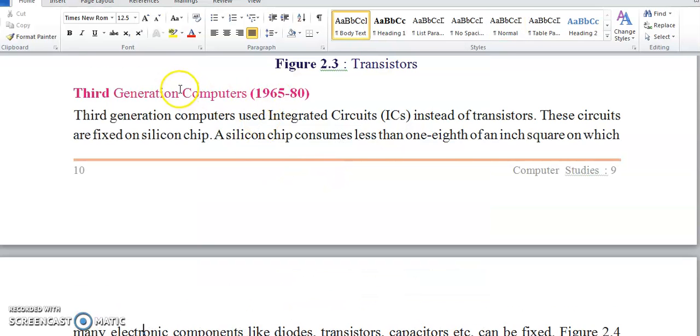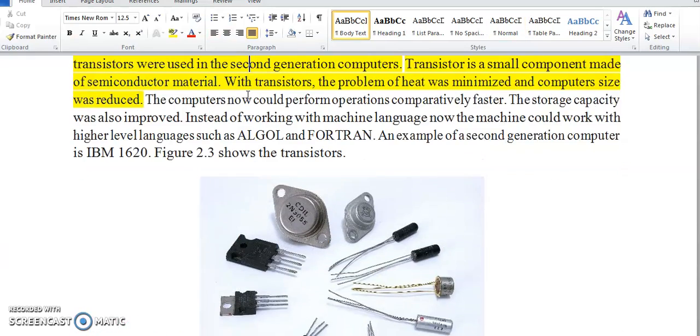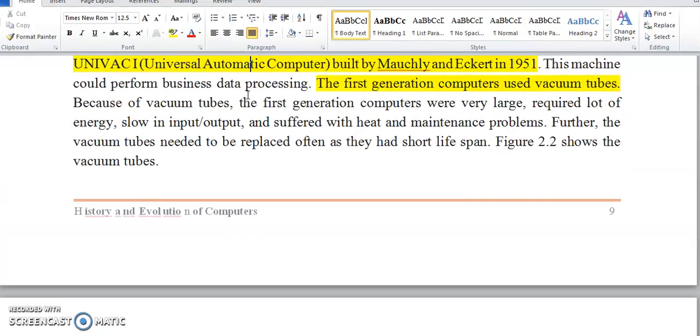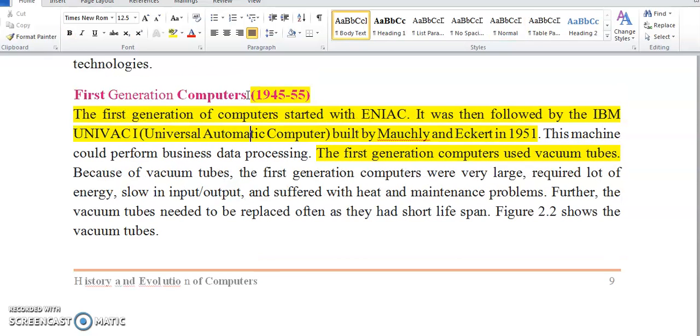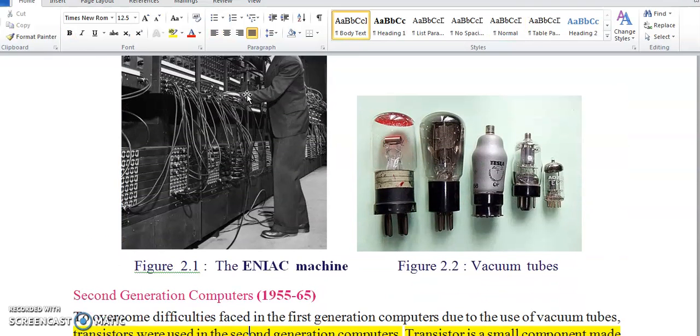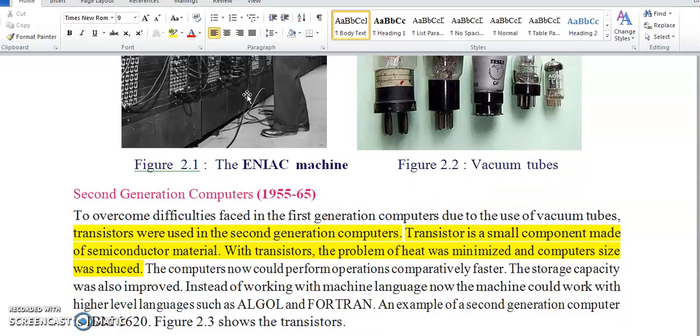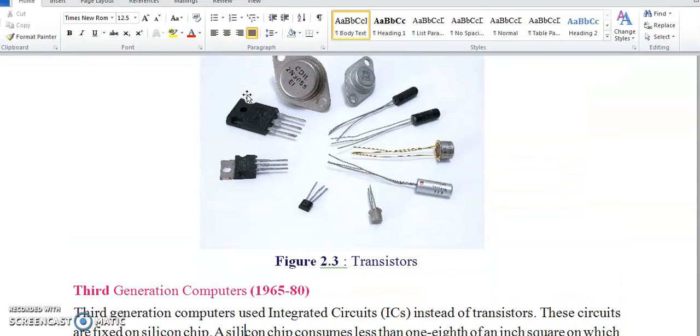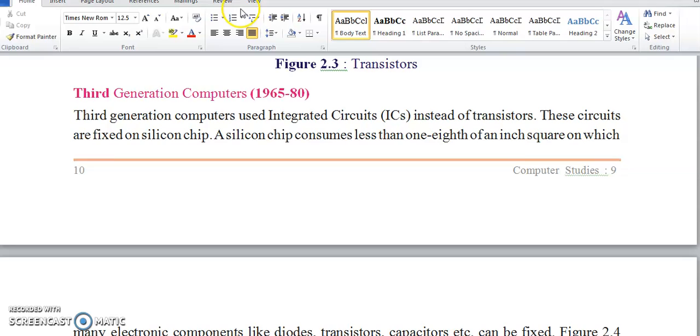Now we are going to see third generation computers. Duration of third generation computers is 1965 to 1980. See, first generation 1945 to 1955, second generation 1955 to 1965, third generation 1965 to 1980.